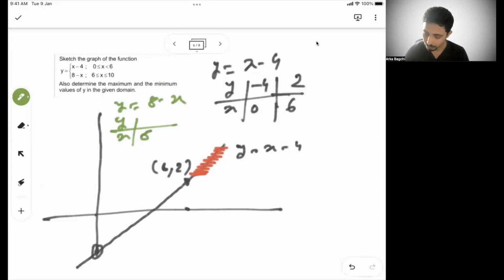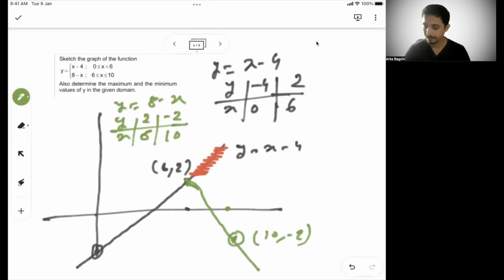At x equal to 6, your y is 2, and at x equal to 10, 10 is the maximum, your y is minus 2. So this point is 10 comma minus 2, and the graph will come down like this. So this is the graph.